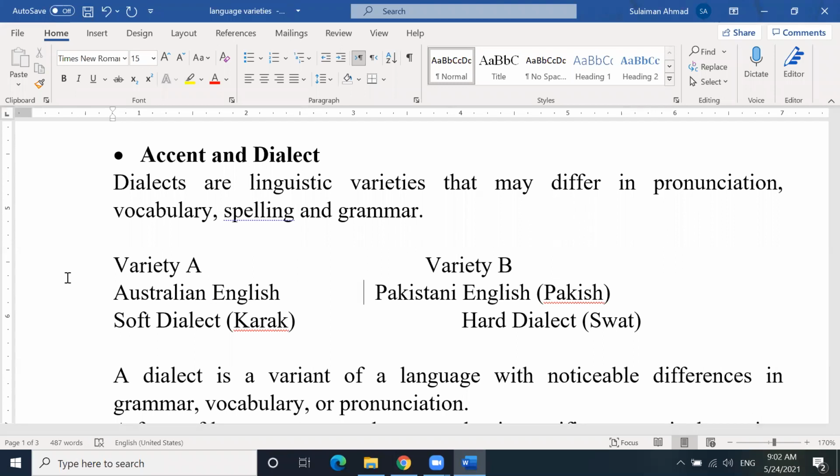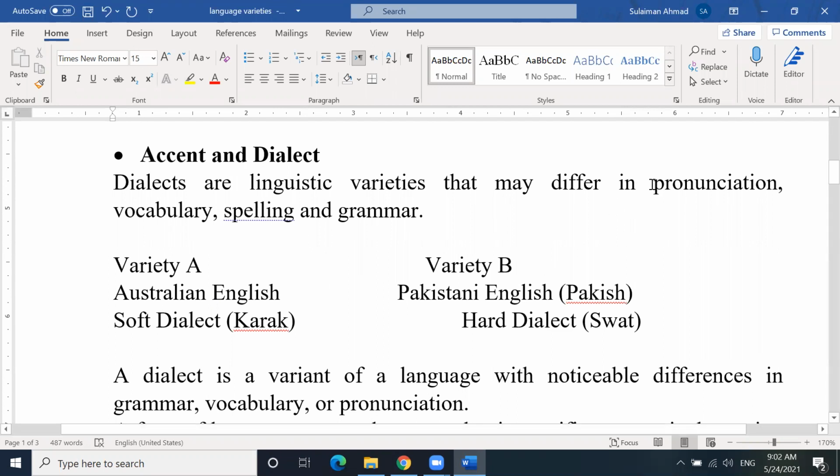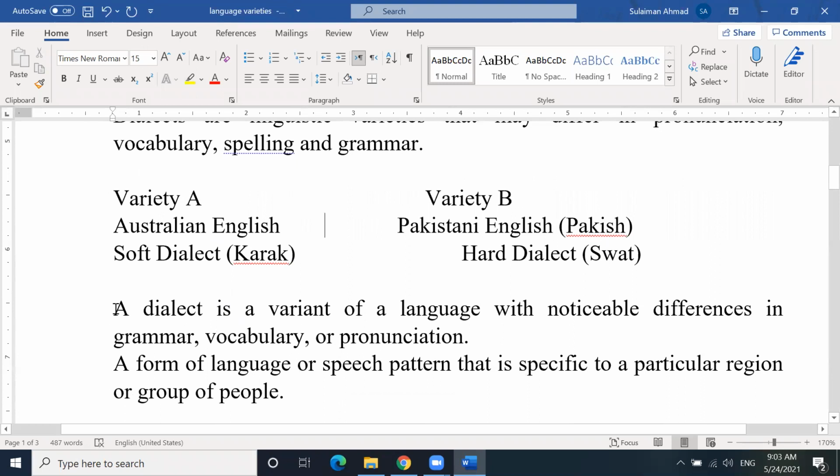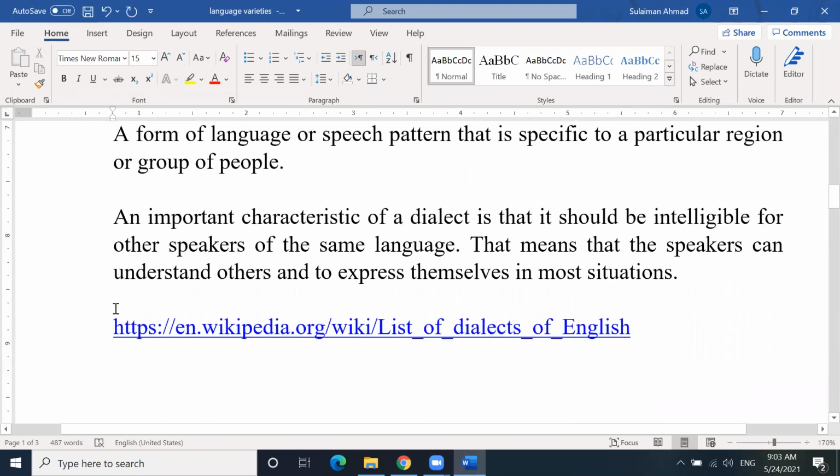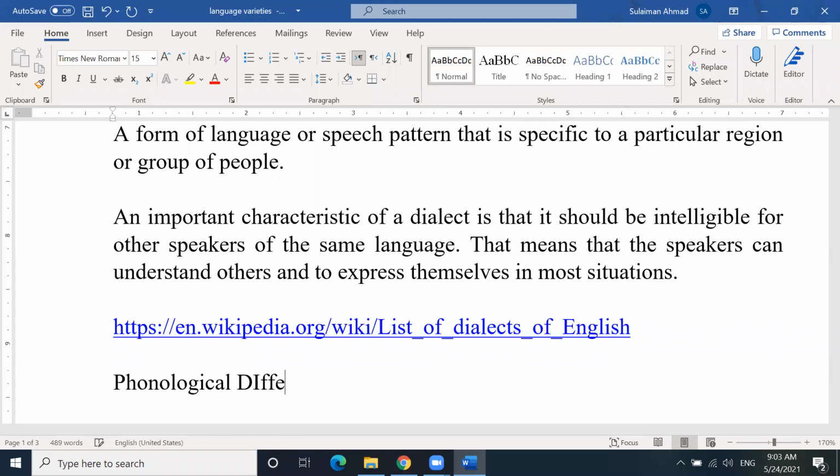If we talk about the differences between these two varieties, the Pakistani English and the Australian English, only in terms of pronunciation, only the phonological differences, phonological differences means differences of pronunciation.